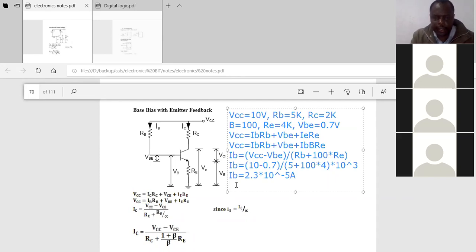Yeah, so these are the amount of IB. Then how do you get IC? Beta times IB, which becomes 100 times this value here, which basically gives us our IC to be equivalent to 2.3 times 10 to the power negative 3.